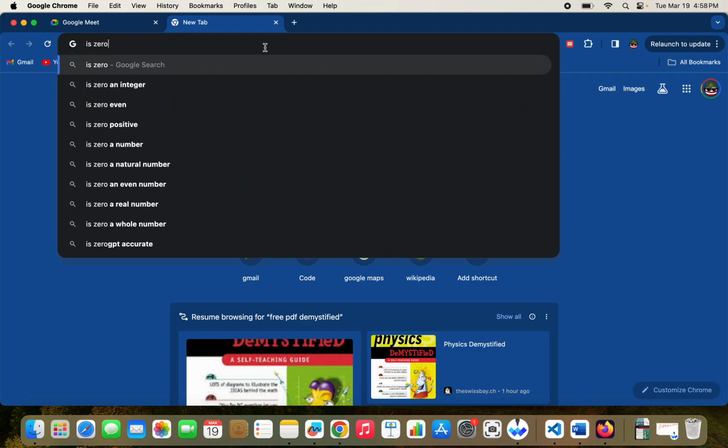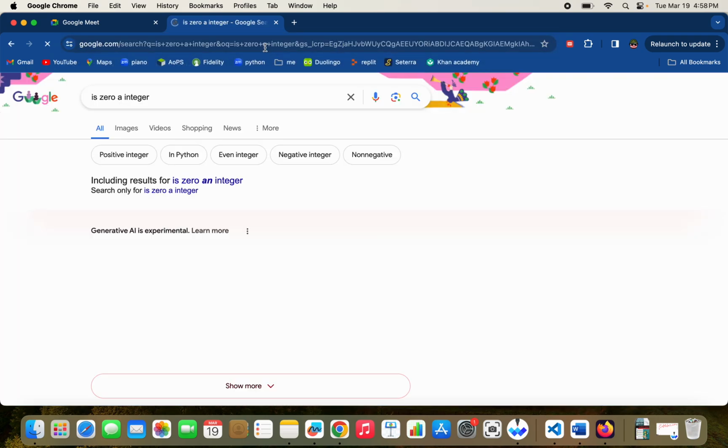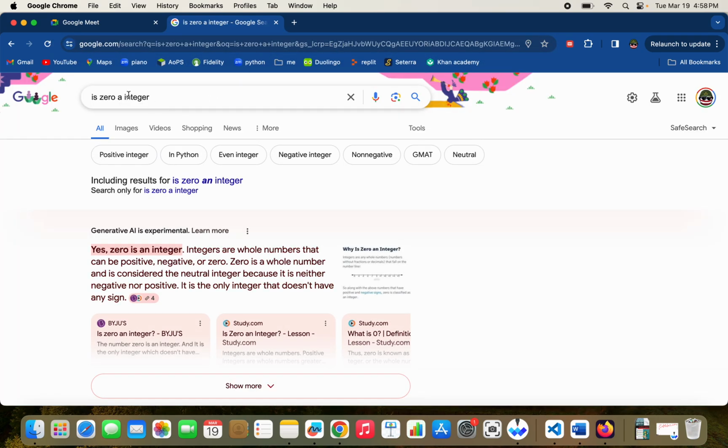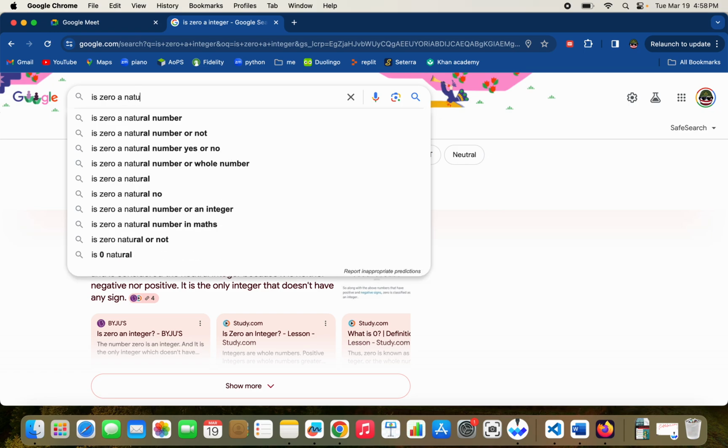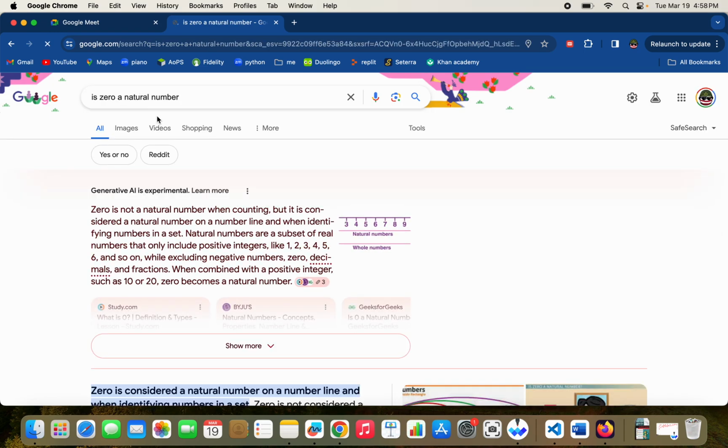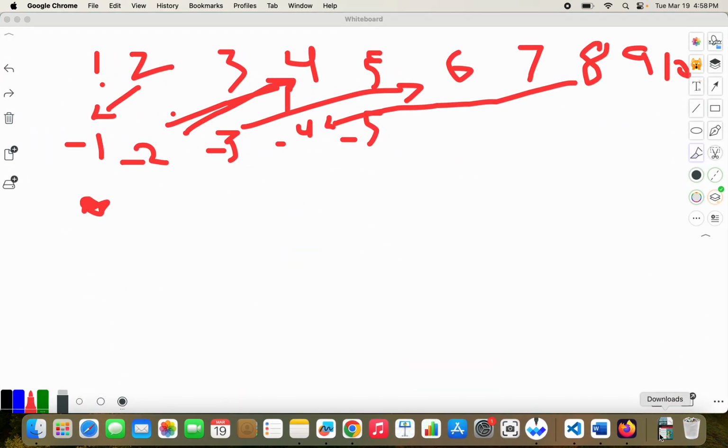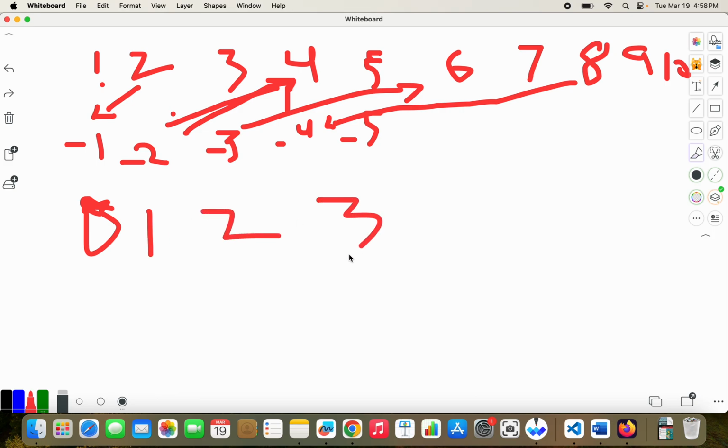Is 0 a natural number? No, that's kind of weird, but you guys can think about that. The odd numbers can just match up. Oh shoot. Okay, this is very messy.